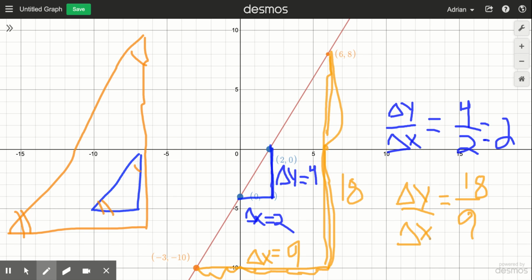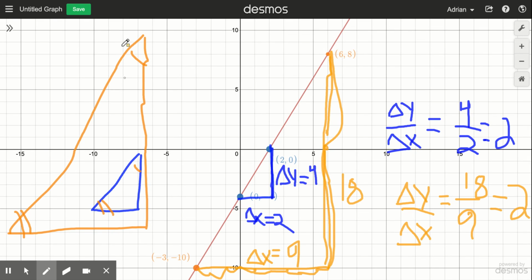And so now at this point, I want you to think, can we show whether or not this graph and these 2 triangles are similar? And again, the way that we're going to show that, dividing out those 2 terms gives me 2, showing that yes, this orange triangle and this blue triangle are similar.